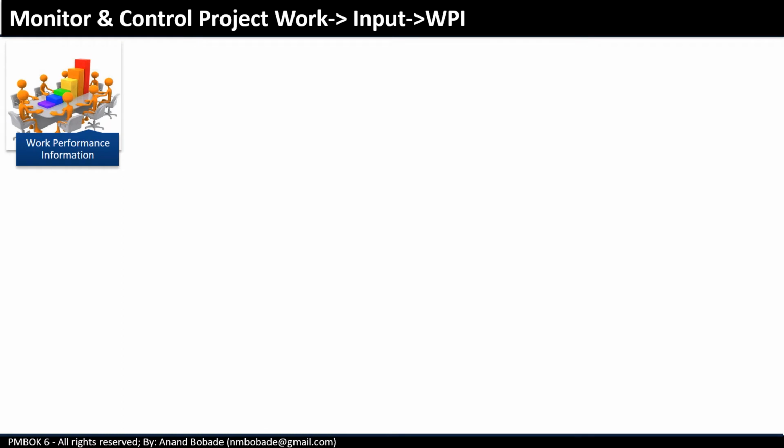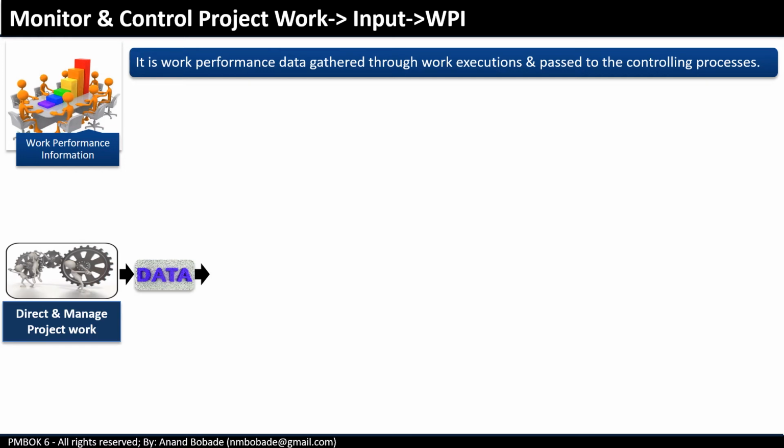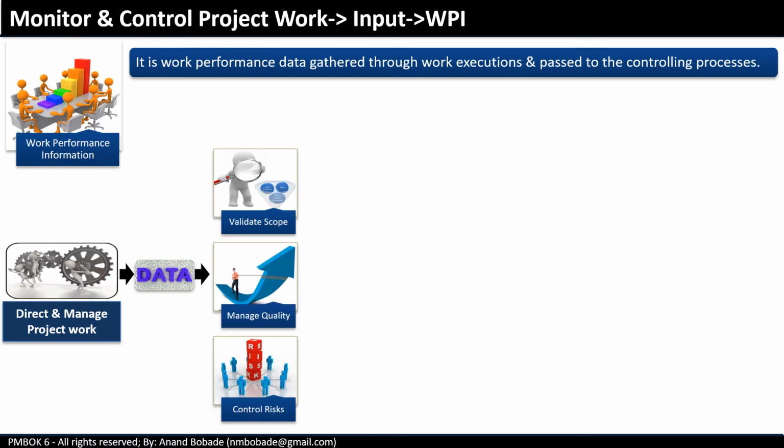Work performance information. First, let's understand how WPI is created. Work performance data is gathered through various execution processes and passed on to controlling processes. For example, work performance data is generated when deliverables are created in the direct and manage project work process. And this data is passed on to controlling processes.